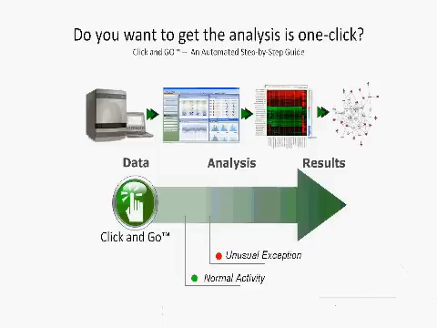So it's not just performing the analysis in one click. You can always go back and fine tune some of the parameters, maybe modify a little bit how you analyze the results, and then see how different the results may be.